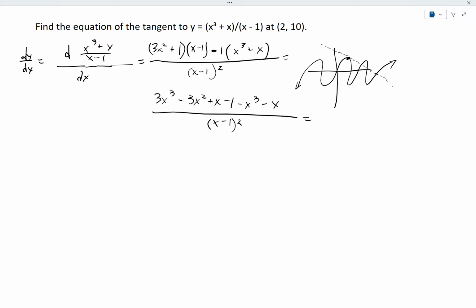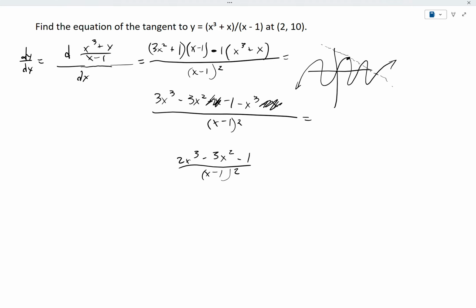And we can simplify that numerator a little bit further just by combining some terms together. So we can see that x and negative x are going to cancel. And we can combine these third power x terms. So that's going to be 2x to the third minus 3x squared minus 1 all over x minus 1 squared. So this is my derivative formula right here.